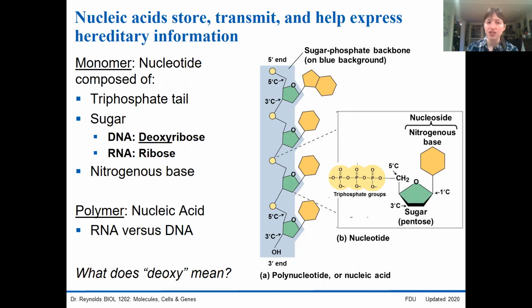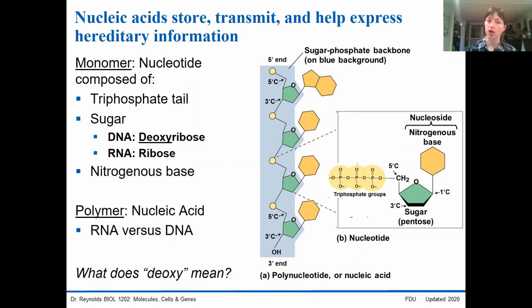Then attached to that triphosphate tail is a sugar core. For deoxyribonucleic acid, or DNA, it's going to be composed of that deoxyribose that we saw when we looked at the individual saccharides. If it's RNA, or ribonucleic acid, that's going to be a ribose core. And then extending off of that sugar is going to be a nitrogenous base.